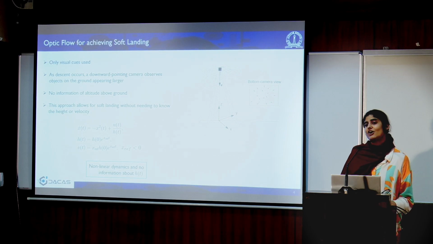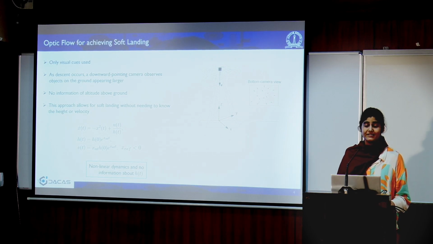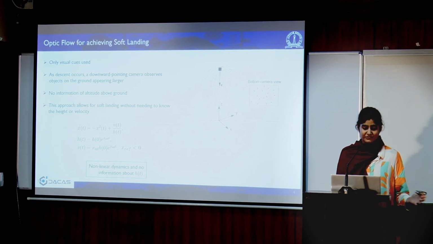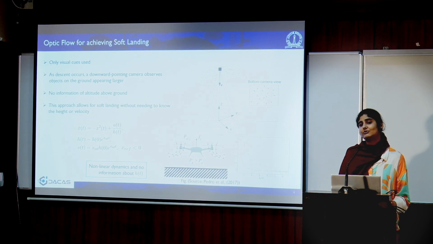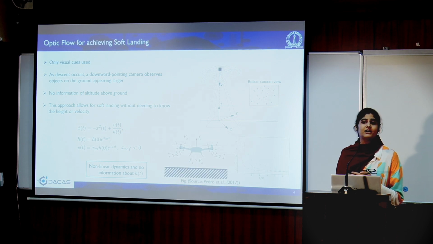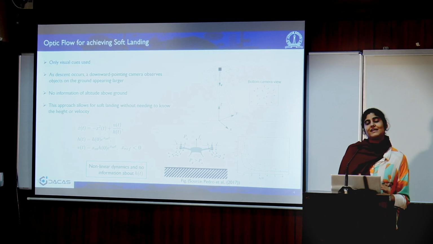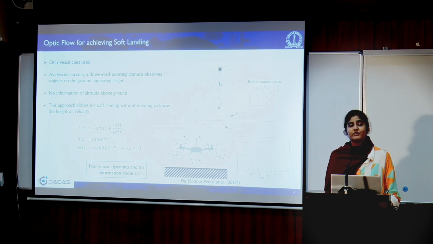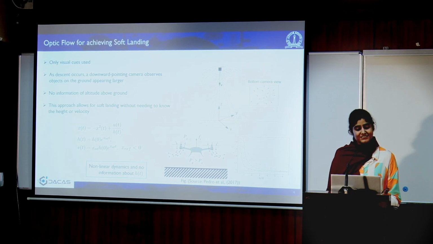The optic flow dynamics is a non-linear equation. In addition, the near-ground effect comes into the picture. Also, if you are landing on a dynamically moving platform whose motion we don't know, it creates uncertainties in our system and leads to difficulties while landing near the ground.